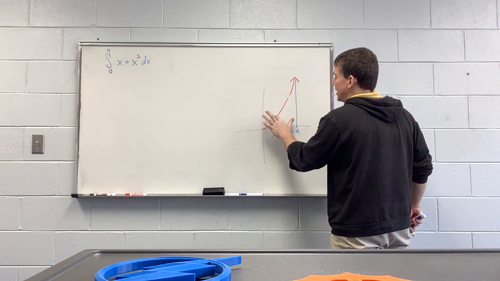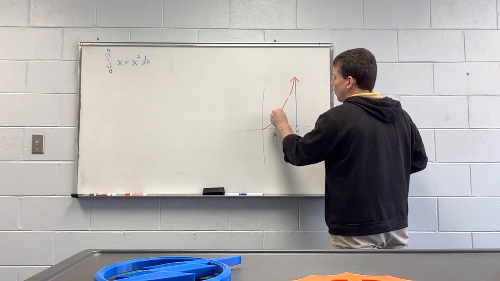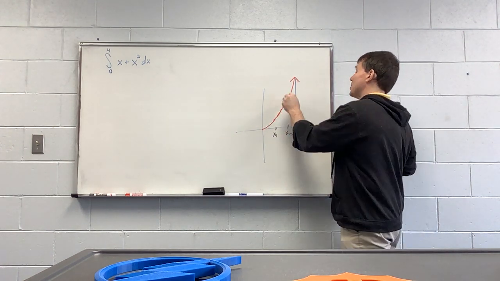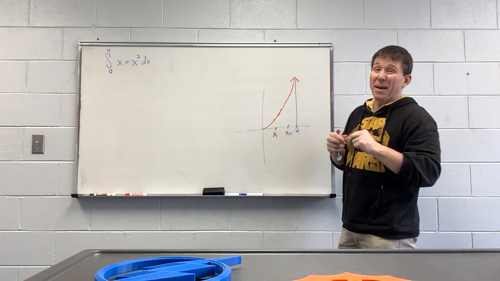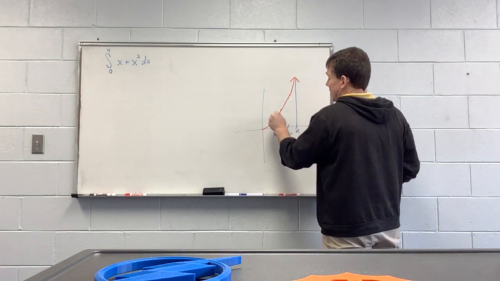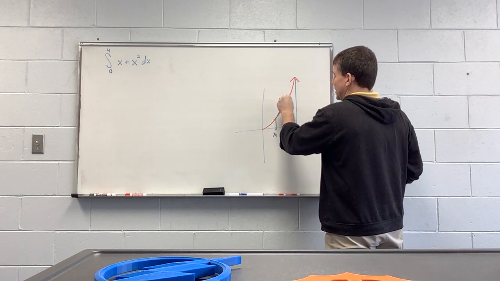Essentially, the problem is I'm using a rectangle that has a horizontal top to approximate something that's clearly not horizontal. So it would be better if I use something with a non-horizontal top. And in this case, we can use a line segment between 2 points.